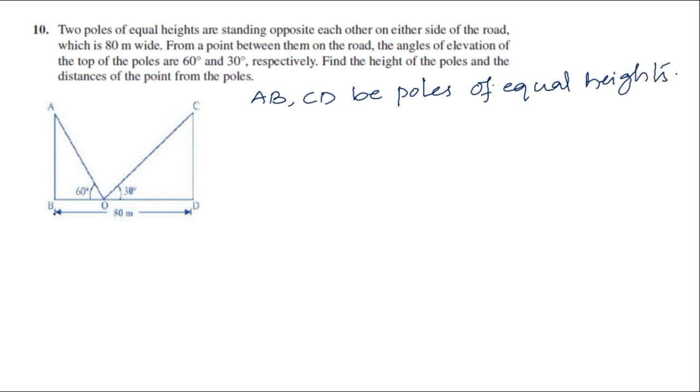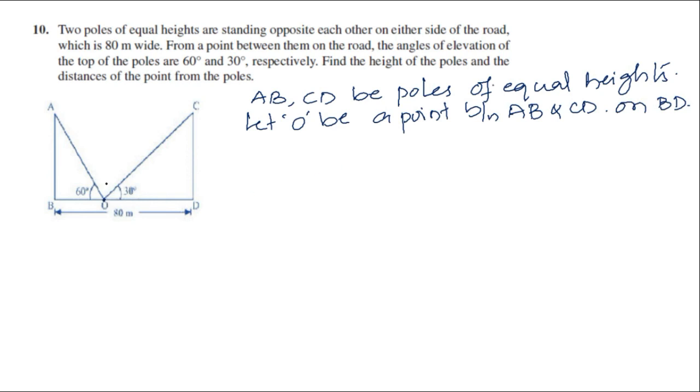The distance between the poles is 80 meter. I have taken O to be the point. Let O be a point between AB and CD on BD.